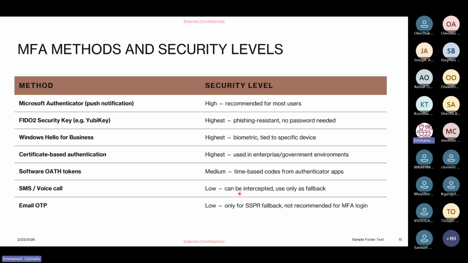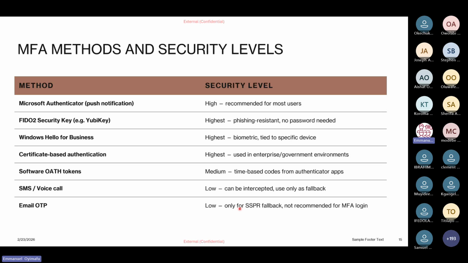All these can be intercepted because if, for instance, it is your wife that wants to access your Outlook, she's with your phone. She can just tell you, give me your phone. She goes to the kitchen and gets the code and does what she wants to do. But with all these methods like FIDO and Windows Hello for Business and Microsoft Authenticator app, it will be very difficult. So those are the things. Email, the same thing.